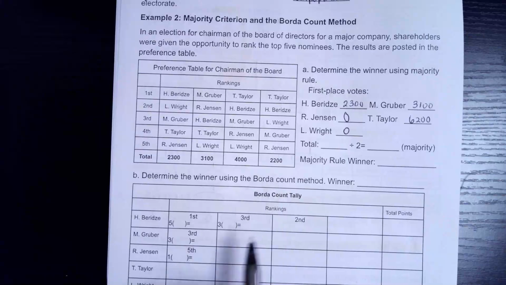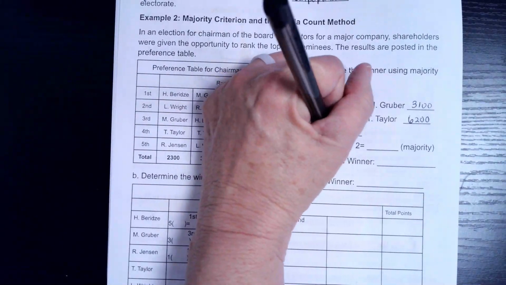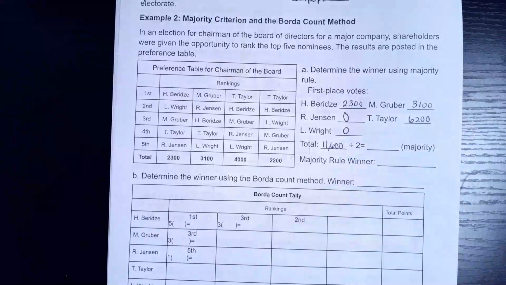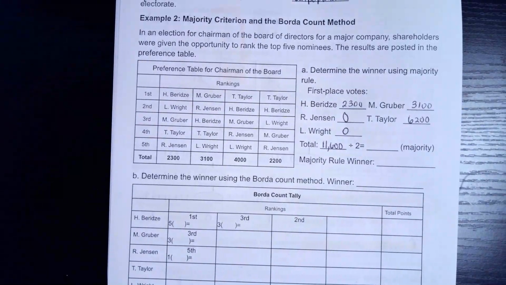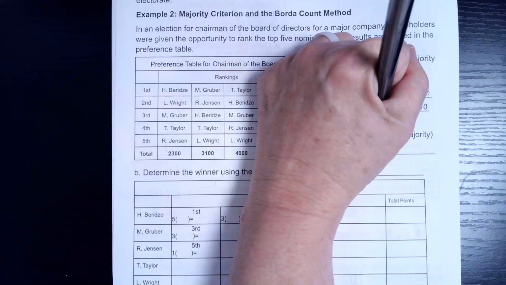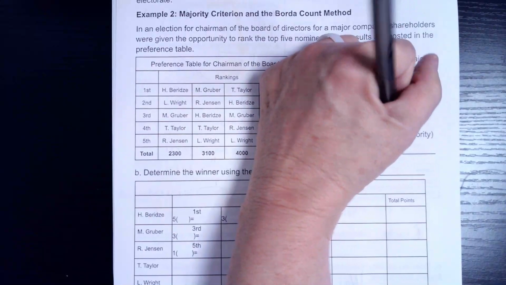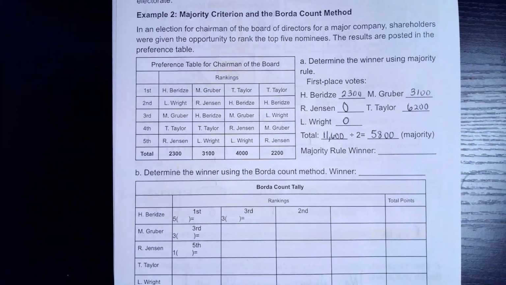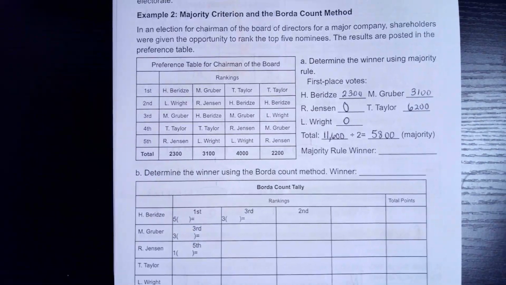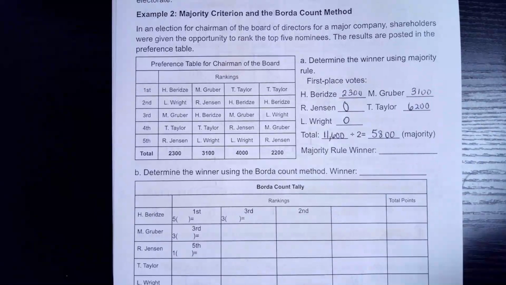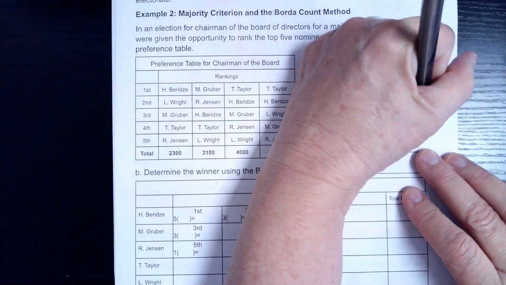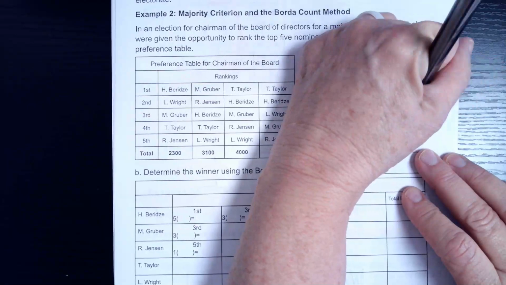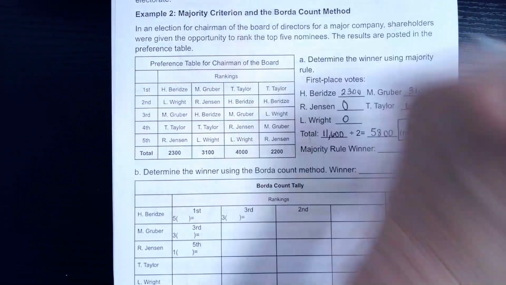So 11,600 divided by 2 is 5,800. So, would 5,800 votes be a majority? No, 5,800 would be exactly half. So 5,801 would be a majority.